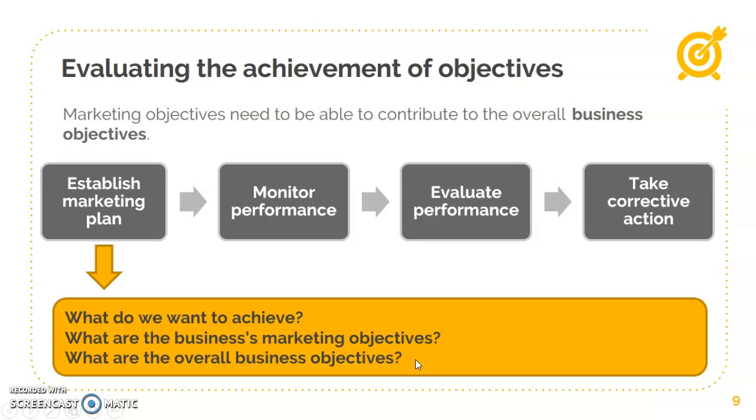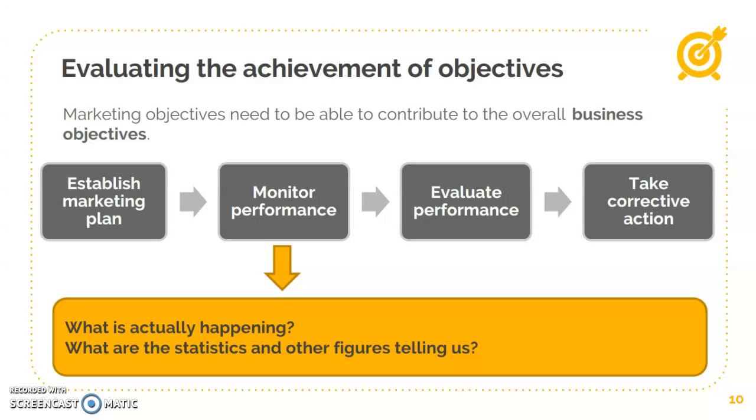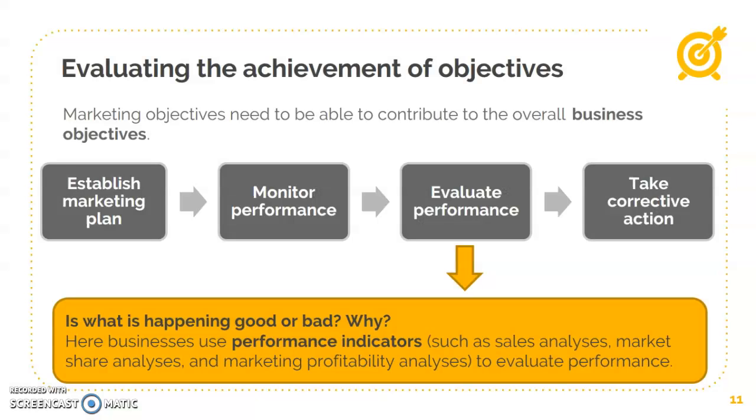Now once you've done the plan, then you start marketing, then you monitor the performance. What is actually happening in the market? What are the statistics and other figures telling us? So you have to keep a record of data. Evaluate performance: once you monitor it, then you have to evaluate, you have to do some calculations.